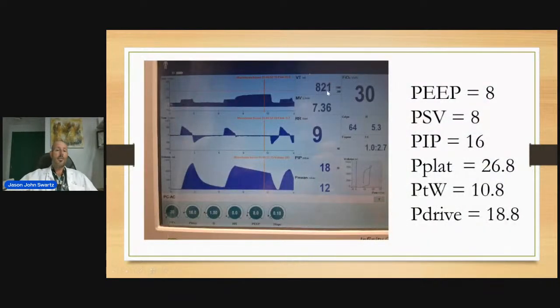Now you might have somebody here who is well synchronized and taking an inspiration. So you have the vent here set at 16. You have a PEEP of 8.